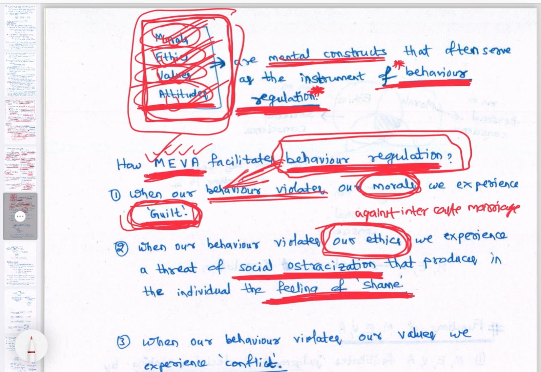For example, if society's ethics is against intercaste marriage and you go for an intercaste marriage, then the society will ostracize you. They will boycott you socially, and boycott your family. That's why you feel a sense of shame, and to avoid that, you will abide by the ethics of the society. That is again behavior regulation, so your behavior is to go for intra-caste marriage, not intercaste marriage.